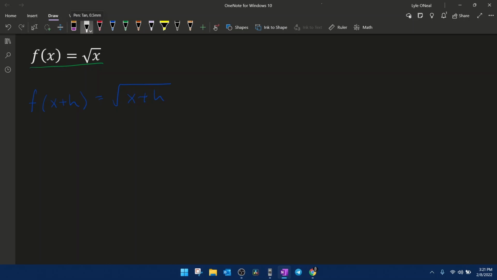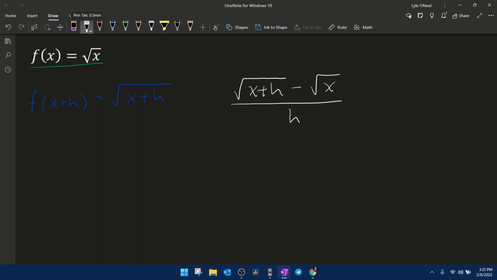And then we can plug into the difference quotient, which is f of x plus h minus f of x all over h. Remember, I said that our ultimate goal is to eliminate the h in the denominator. So in this particular problem, I cannot get the radicals to subtract since their radicands are different.